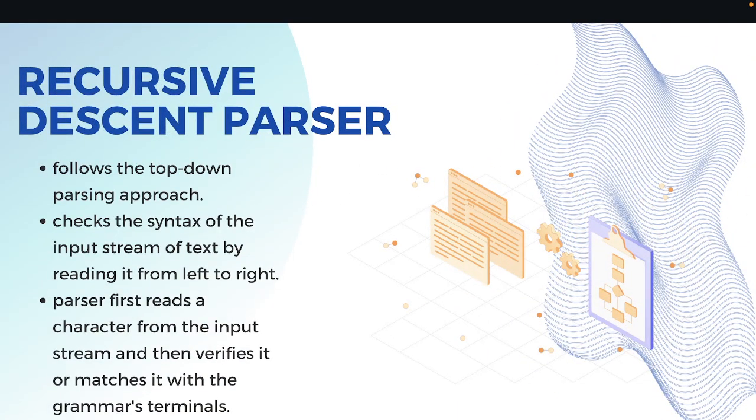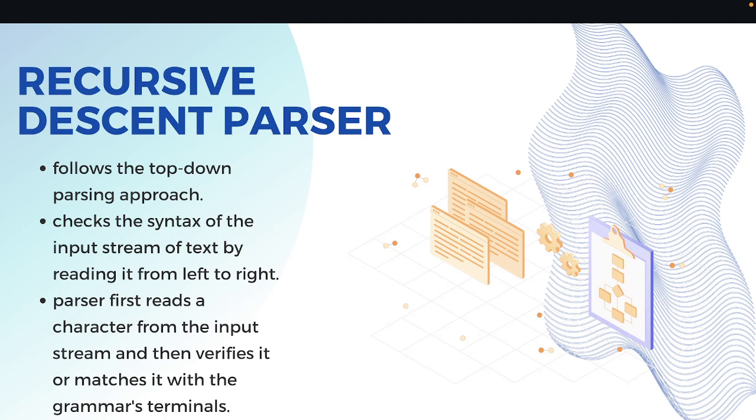Next we'll see about the recursive descent parser. This parser comes under the top-down parsing approach. It checks the syntax of the input stream of text by reading it from left to right. Hence, it is also known as the left-right parser.